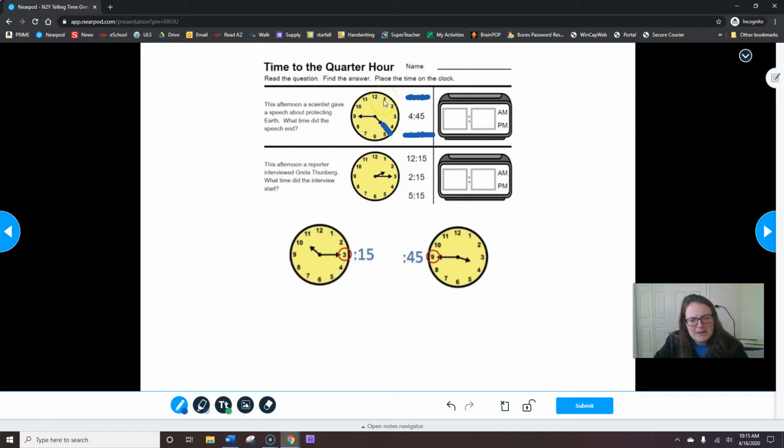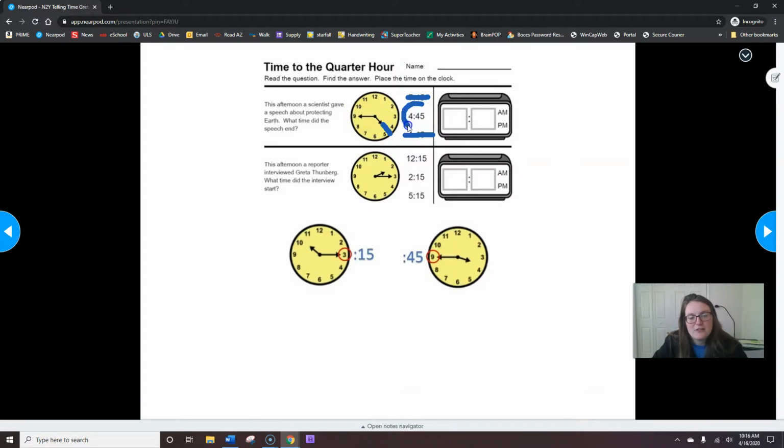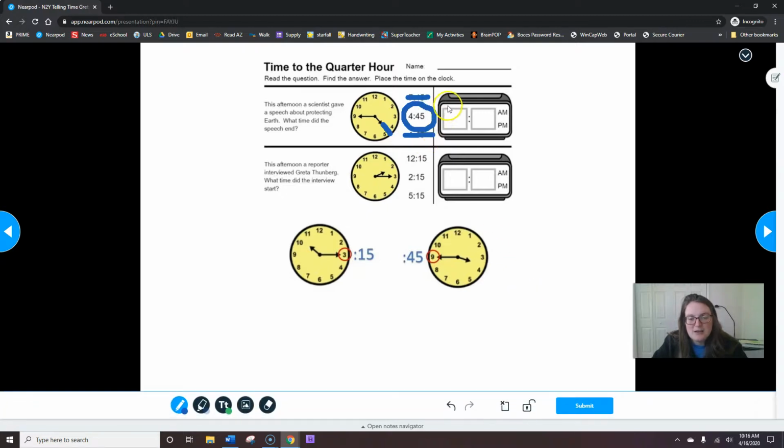Can you help me count by 5s till we get to this big hand on the 9? 5, 10, 15, 20, 25, 30, 35, 40, 45. So this shows 4:45. So we circle 4:45, and then we need to put it in.